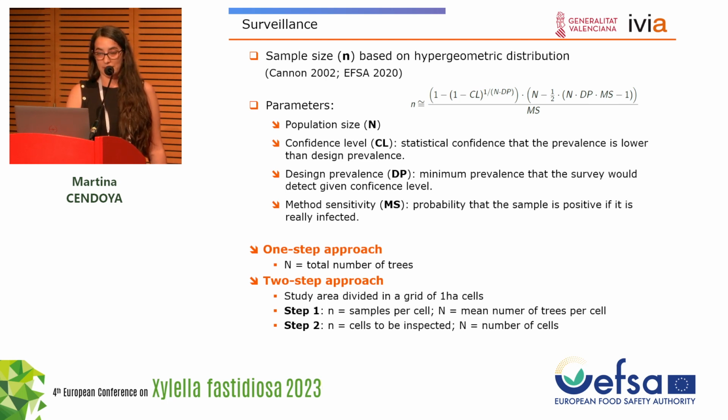In the one-step approach, the sample size is calculated based on the total number of trees. In the 2-step approach, the study area is divided into grid cells; in the first step, we calculate the samples per cell based on the mean number of trees per cell, and in the second step, we calculate the cells to be inspected based on the number of cells.